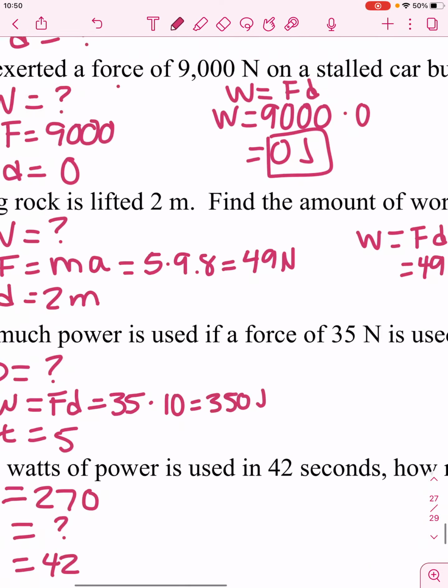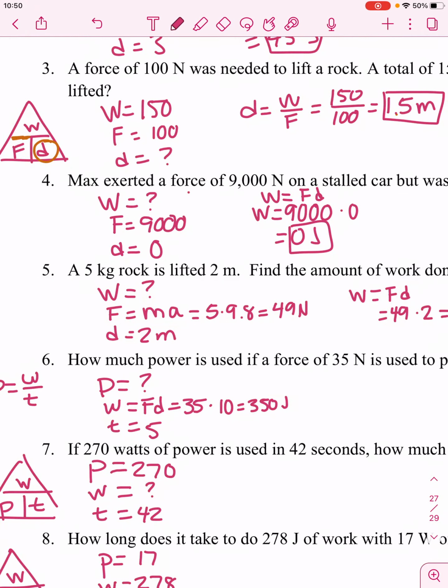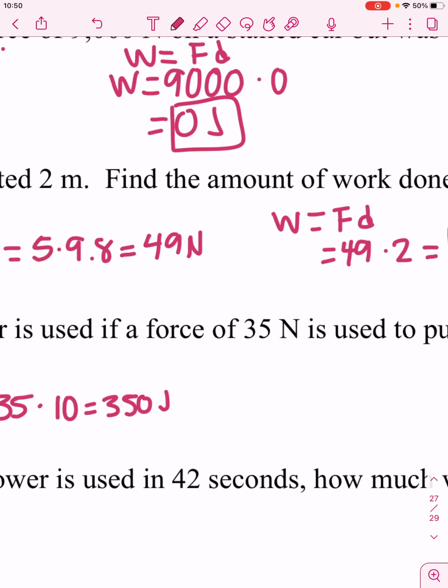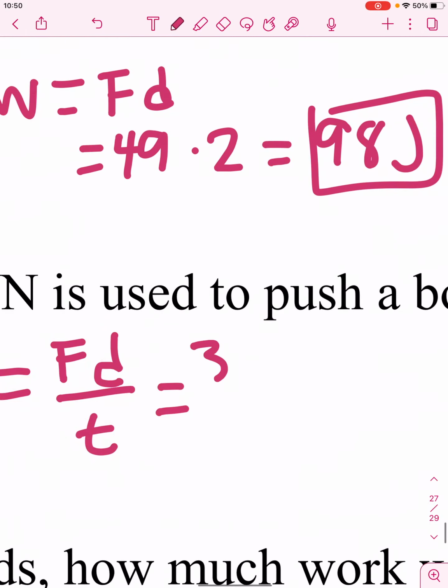I also could have used one of those second equations that I had you write down yesterday, which look like this. Power equals, instead of work, F times D over T. In either case, that gives me 35 times 10 over time, which was 5 seconds. So either way, you'll get there.